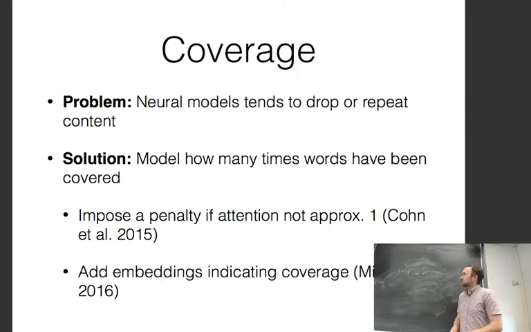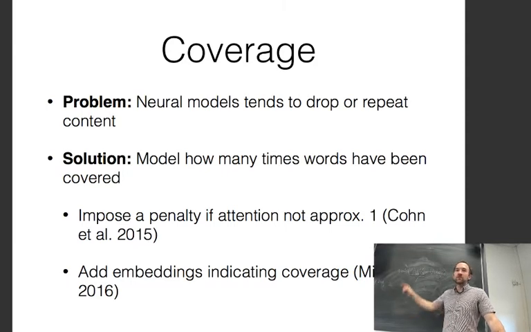Another way to do this is adding embeddings indicating how many times you've covered a particular word. So you just add some other stuff into the model, and this will allow you to figure out how many times you've covered something. Which one should you use? The first one doesn't increase your parameters at all, so that's probably a good thing.